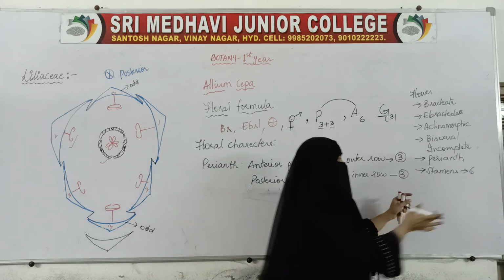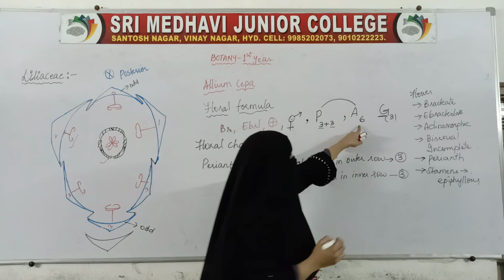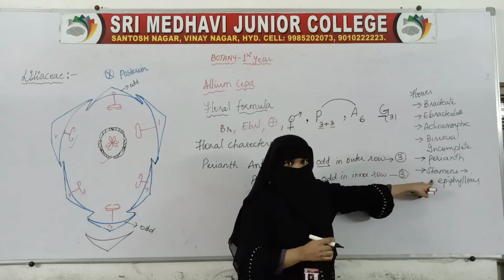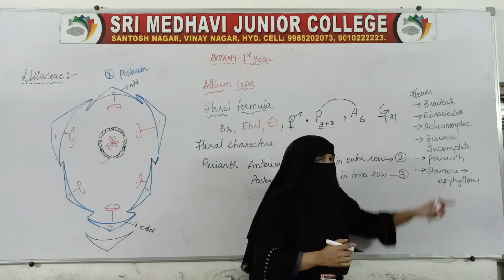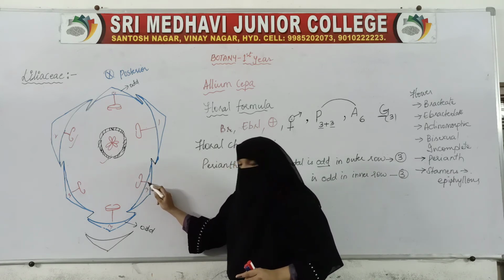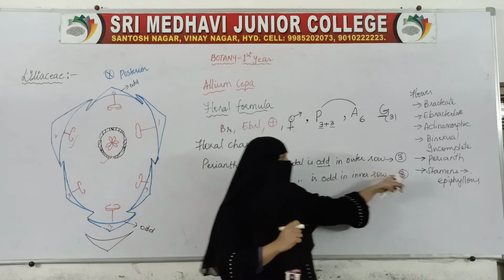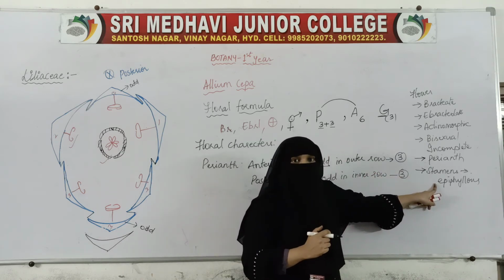Stamens are there, but these stamens are epiphyllous. Epiphyllous means they are attached to perianth. This is the stamen. They are attached to this perianth. So that condition is called epiphyllous.